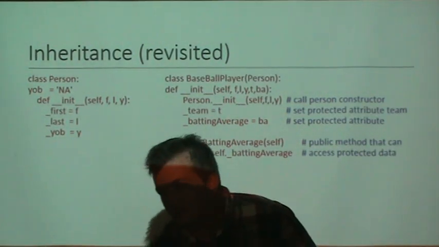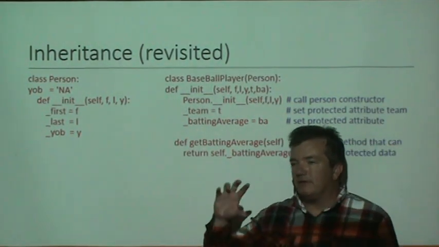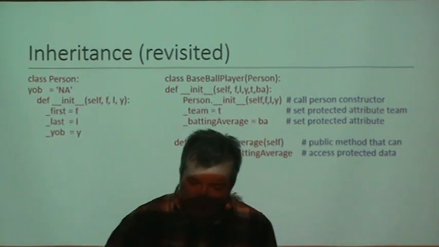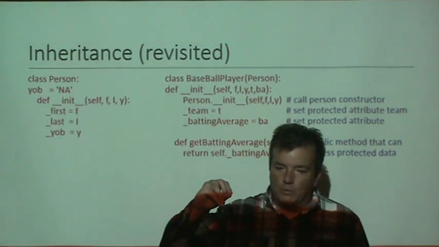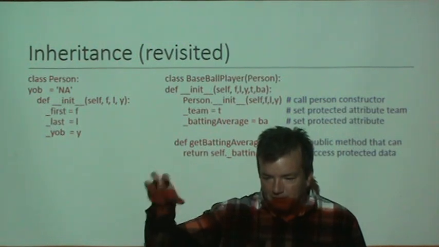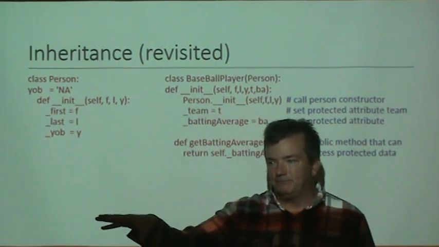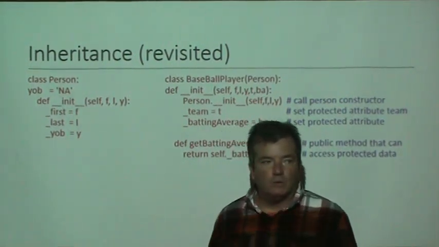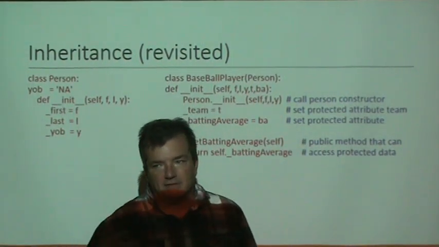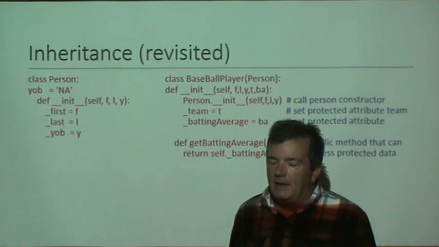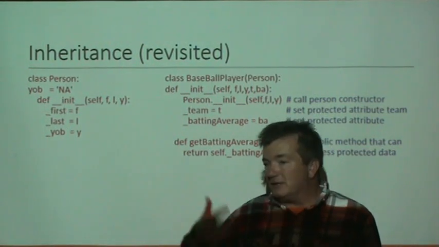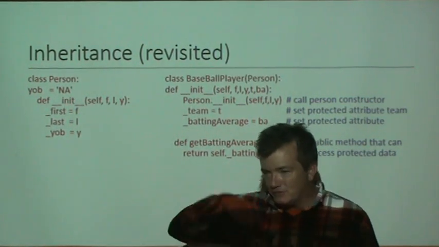All right, so this is just an introduction to the idea of classes. What classes are is, if you want to make a structure of data that's not supplied by Python, you want to define it. You want to say a person has a first name, a last name, and a year of birth. And then you want to define a baseball player, which is a person.